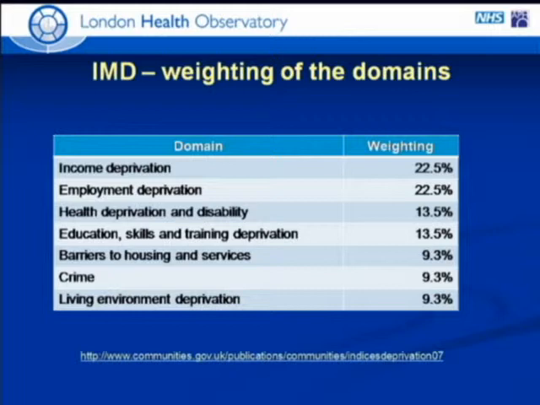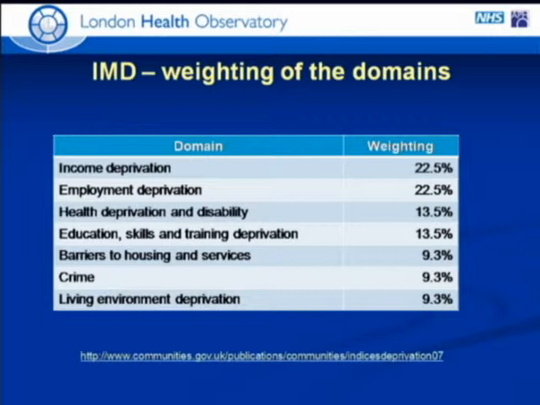Sometimes when we're looking at health outcomes by deprivation, we might just look at the income domain on its own, because you can see there's a health deprivation domain in this indicator. And some people think that if you're looking at the association between health and this index, you're just looking at health against itself.